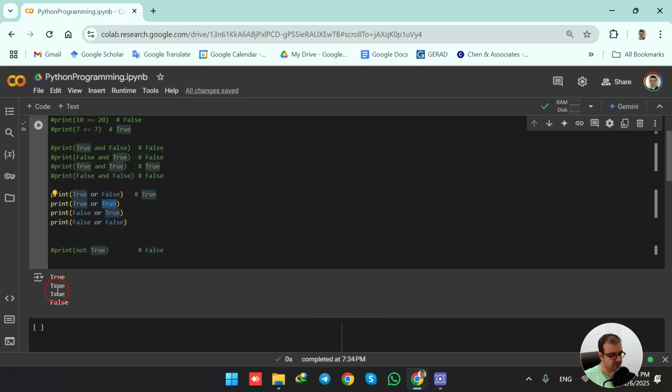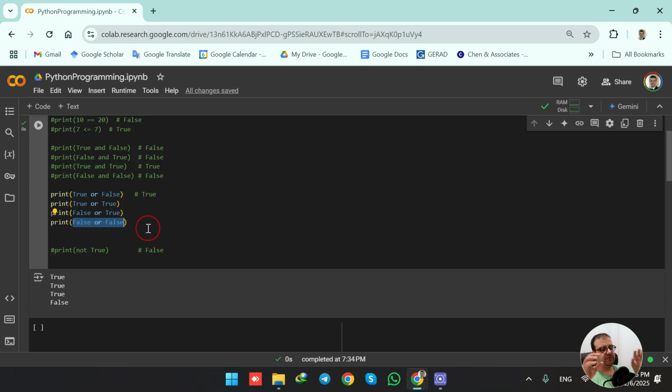True or true, the output is true. False or true, the output is true. And false or false, the output is false. So using the OR logical operator, if we have at least one true, the output is true. And if both of them are false, the output is false.